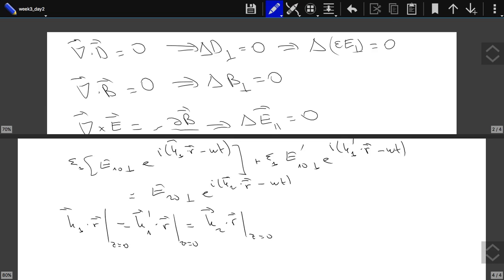Otherwise, this equation can be satisfied at most at certain points, but not at every point on my interface.